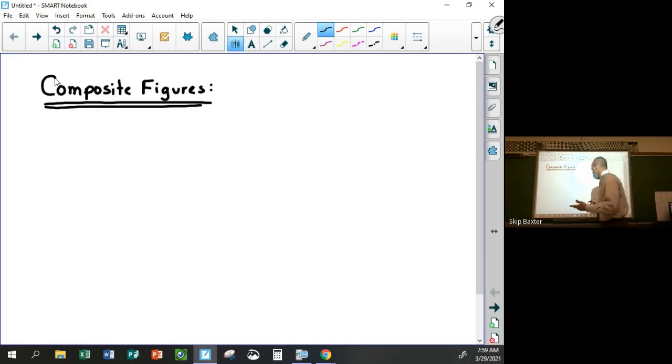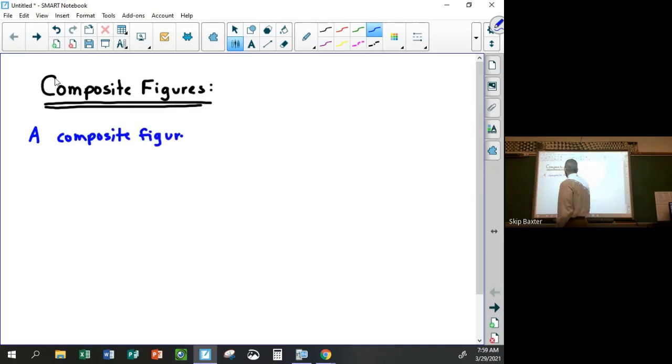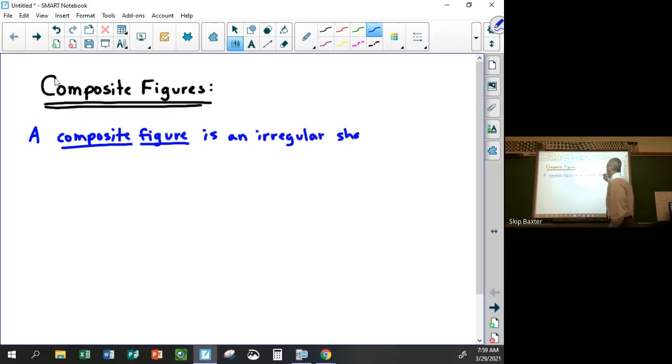That's the main idea. Okay, so a composite figure is an irregular shape that can be broken up into simple pieces.